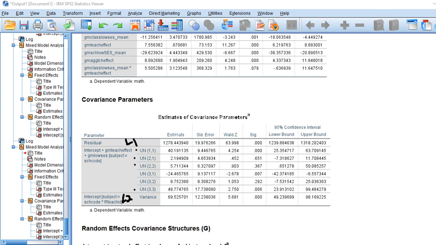Then you've got additional covariances. This one right here would be the level 1 slope varying between schools and its covariation with the level 3 intercept, and then you've also got covariation between the slopes for the teacher effectiveness and the level 1 predictor low SES, those operating at level 3.